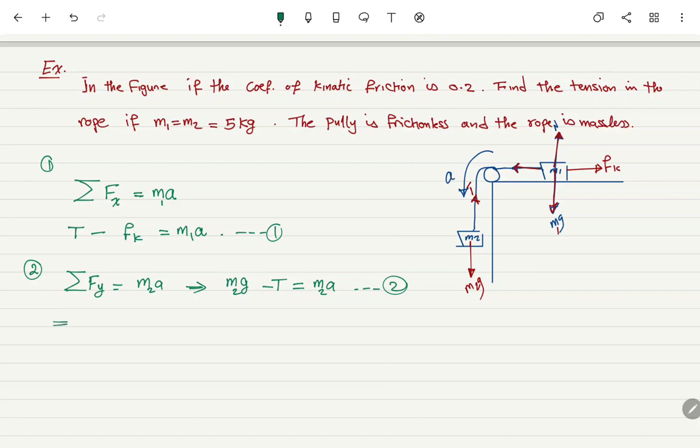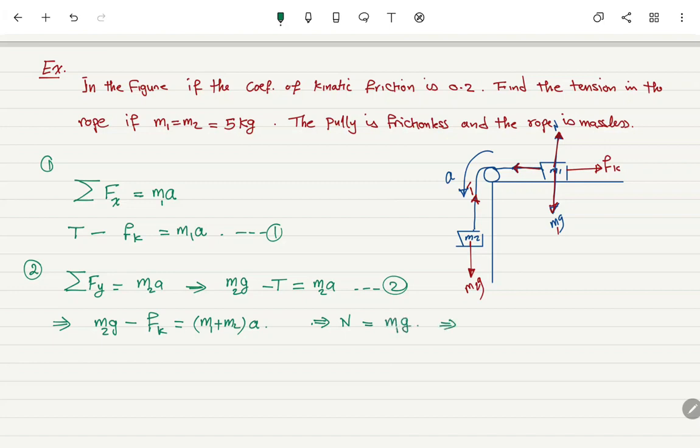Here you will get M2g minus Fk equal to M1 plus M2 times a. Now let's have the sum of all forces on y for M1: we get the normal force equal to M1g.